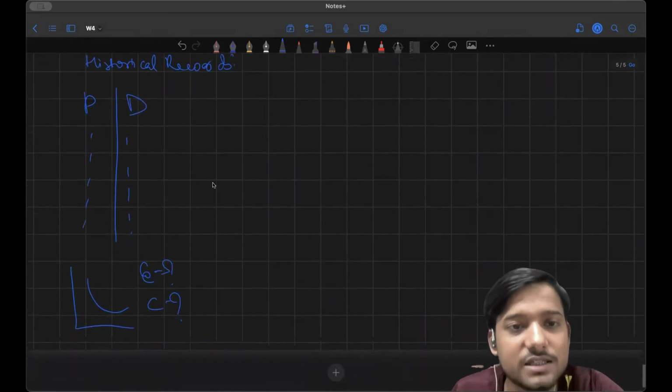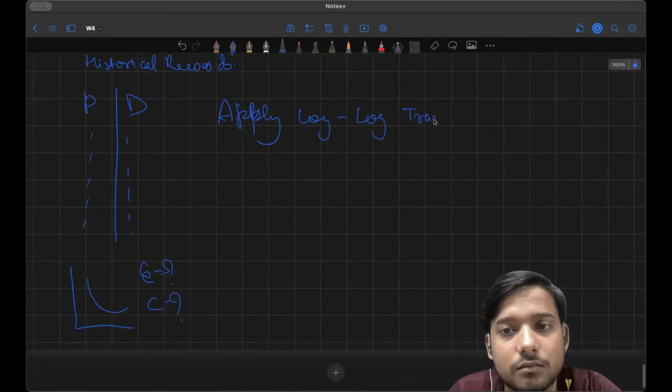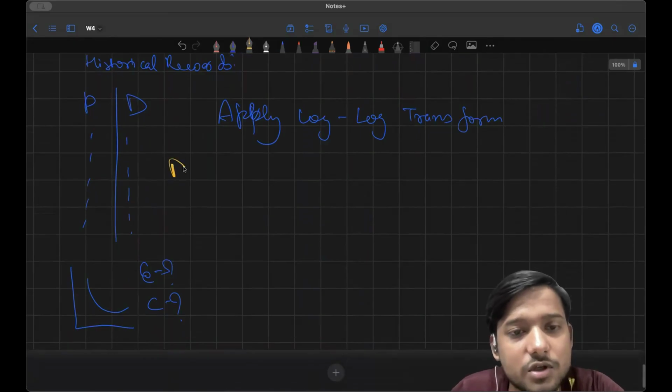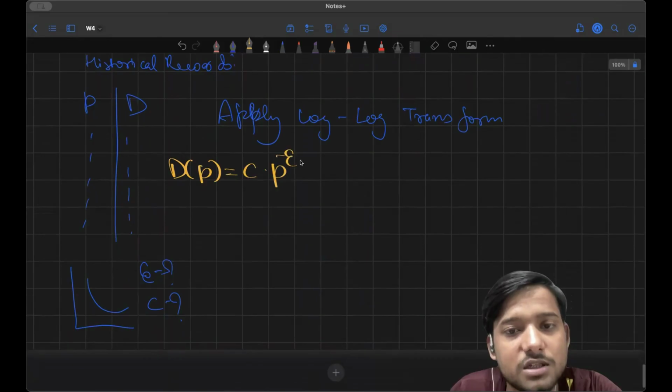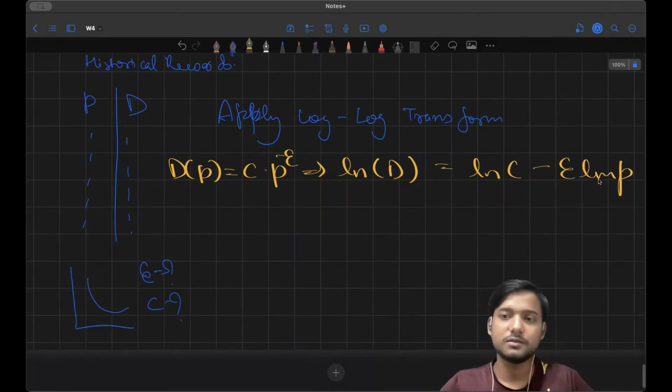So we will basically apply a log transform, and this equation will change to ln of D equals ln of C minus epsilon ln P.